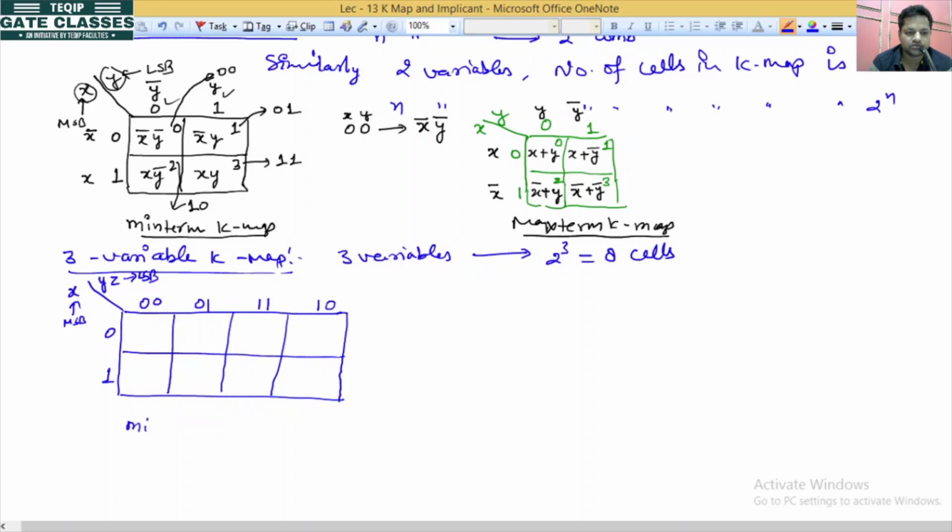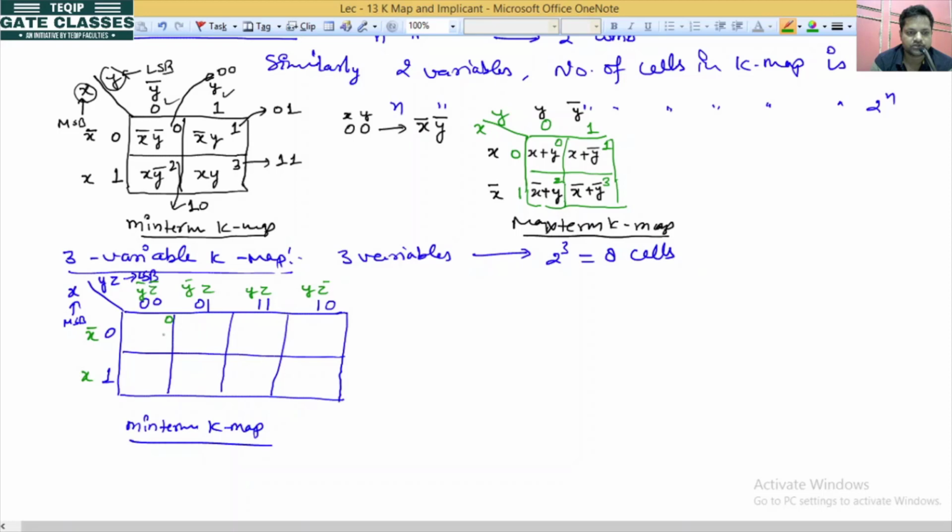I am going to make the min term K-map. In the min term K-map, it will be x bar and x, and here y bar z bar, y bar z, y z, y z bar. What will be the value of this? Again you can calculate: 0 from the row side, 0 0 from the column side, so it will be 0 0 0, in decimal 0.